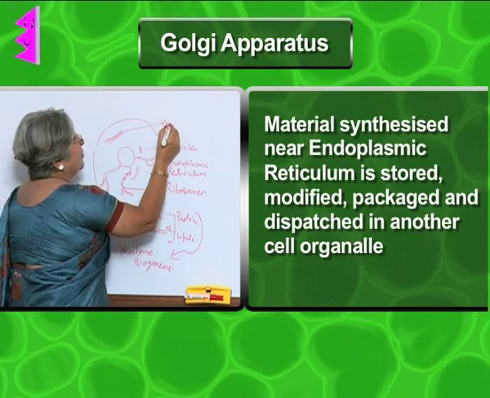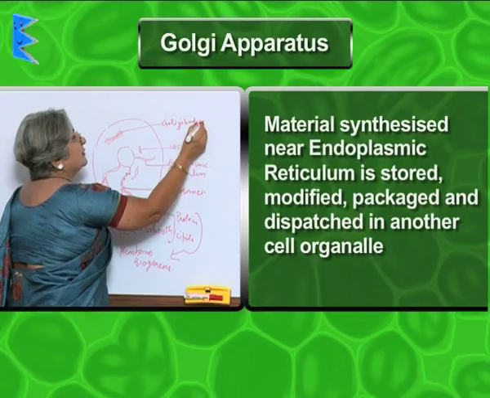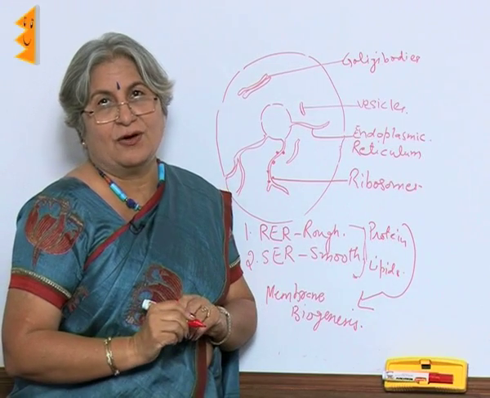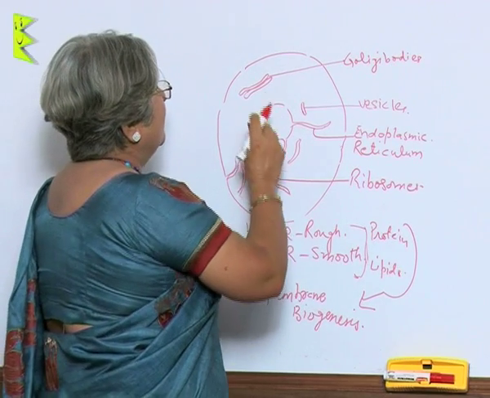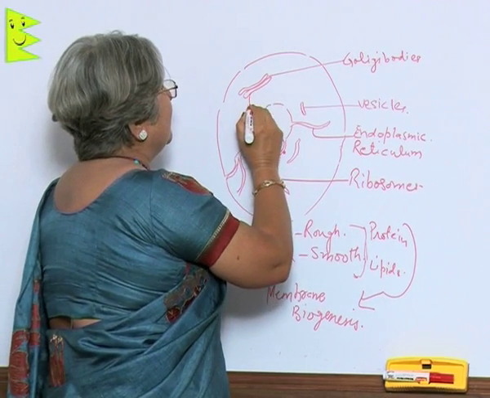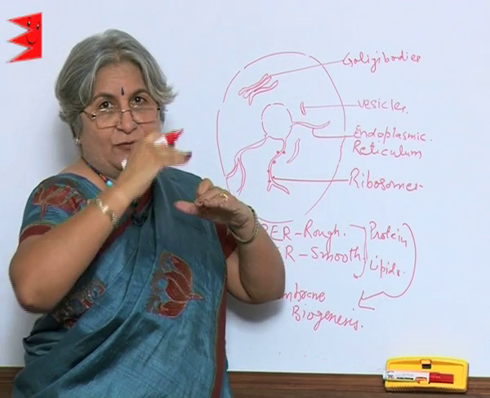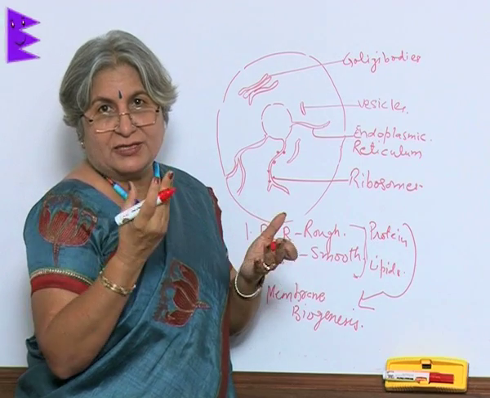These are the Golgi bodies. Why are they called Golgi bodies? Because they were first of all found by a scientist called Camillo Golgi. Now this Camillo Golgi said that there are some tube like structures which are kept one above the other. So, whenever anything is one above the other, what do we say?